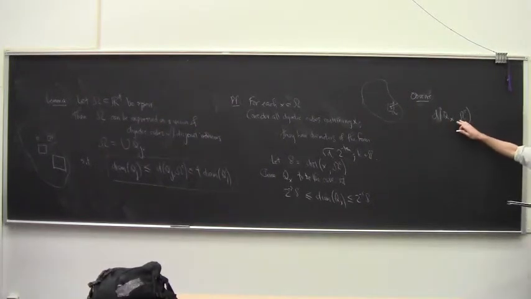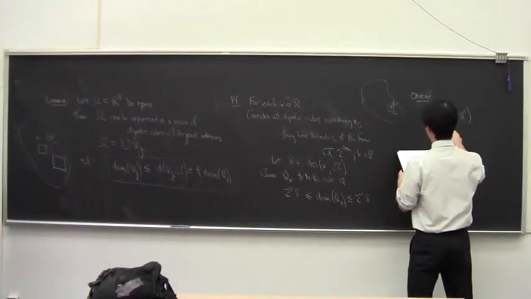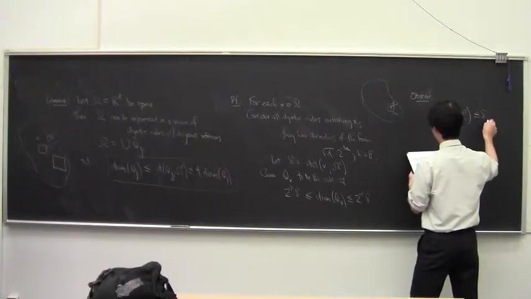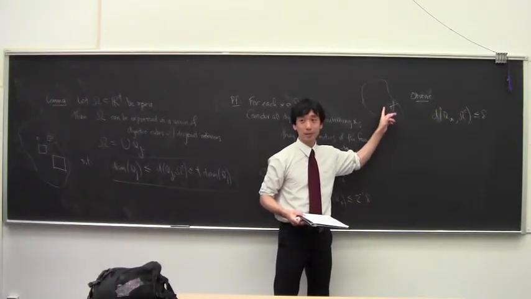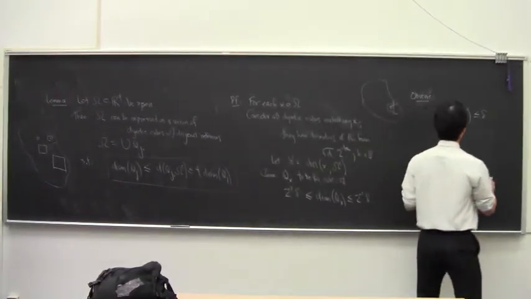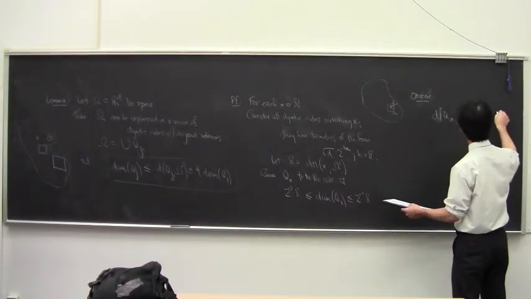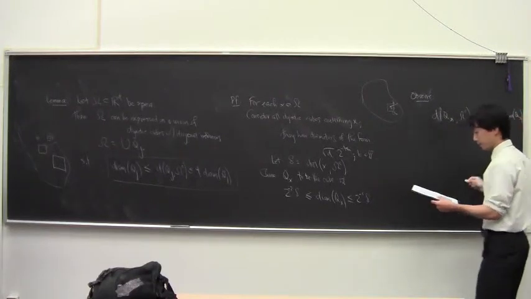The distance of this cube to the boundary, well, of course, is smaller than delta, right? Smaller than delta because x is in there, right? And delta in turn is smaller than 4 times the diameter of q sub x.